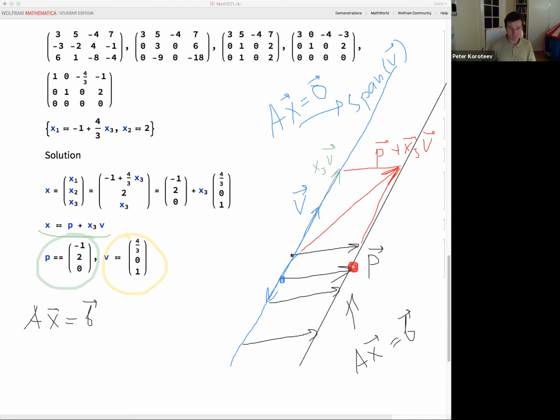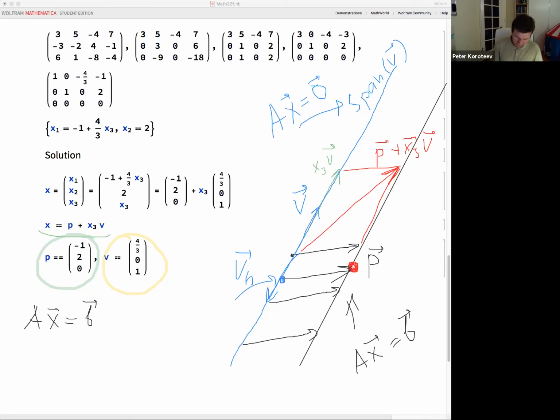So we can take any solution of the homogeneous equation, let's call it vh for homogeneous, and then we add p.